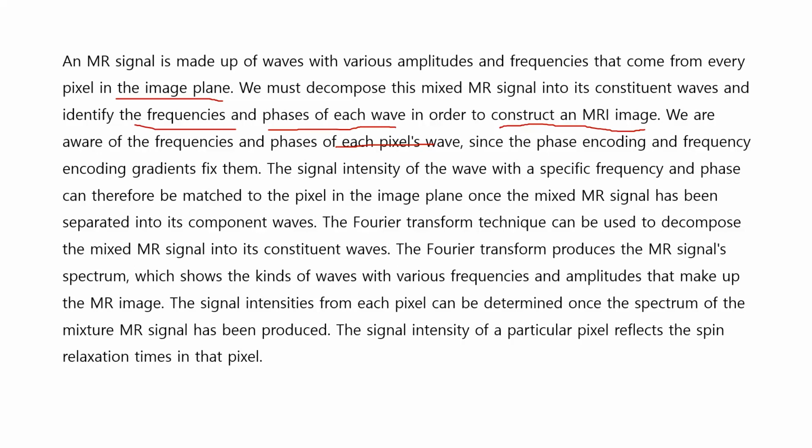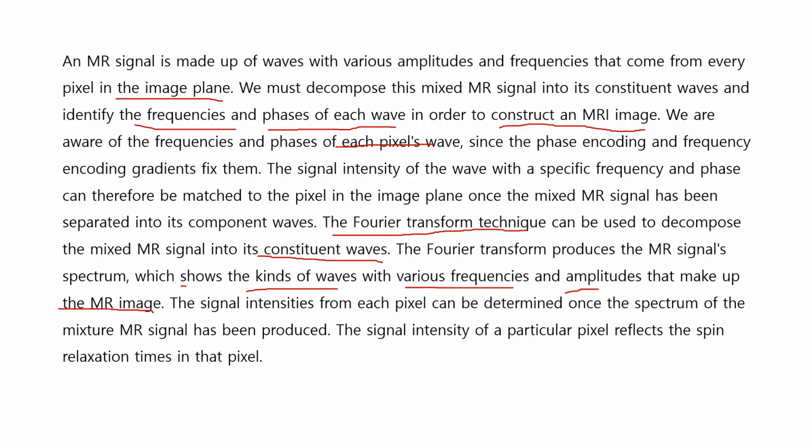The Fourier transform technique can be used to decompose the mixed MRI signal into its constituent waves. The Fourier transform produces the MR signal's spectrum, which shows the kinds of waves with various frequencies and amplitudes that make up the MR image.